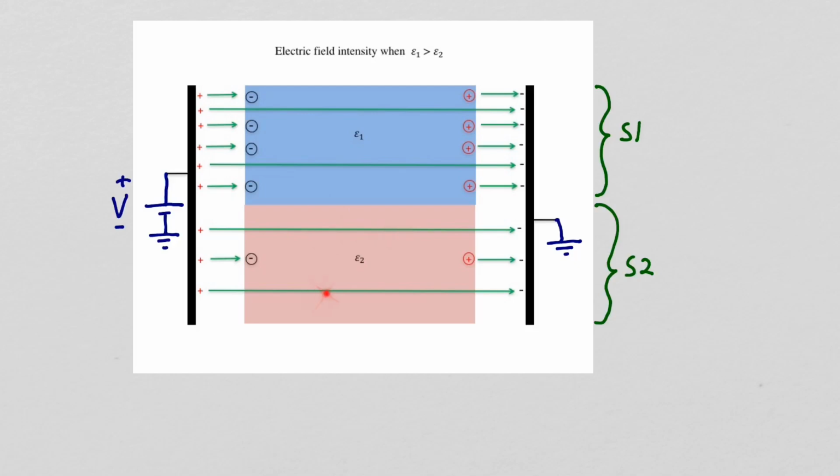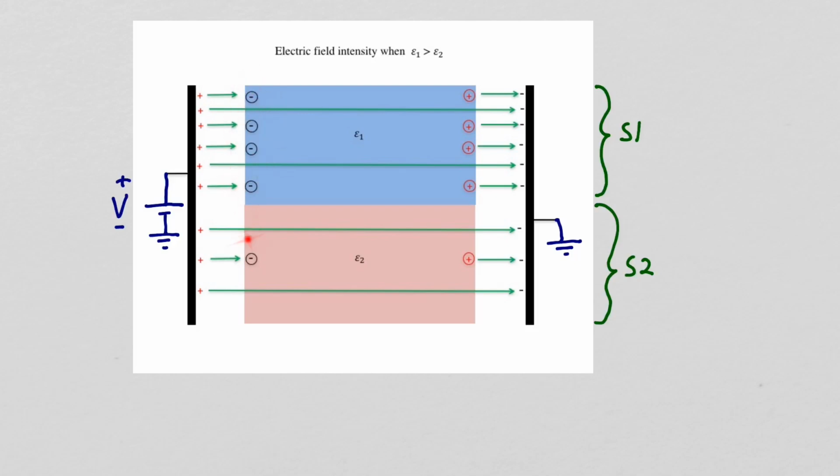Since material 1 has a higher permittivity than material 2, for the same electric field intensities, material 1 polarizes more, so there's more bound surface charge on material 1 than on material 2.